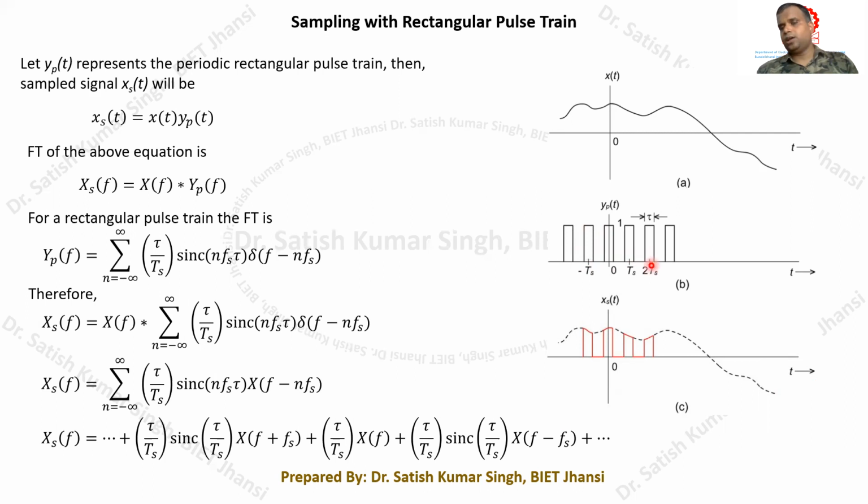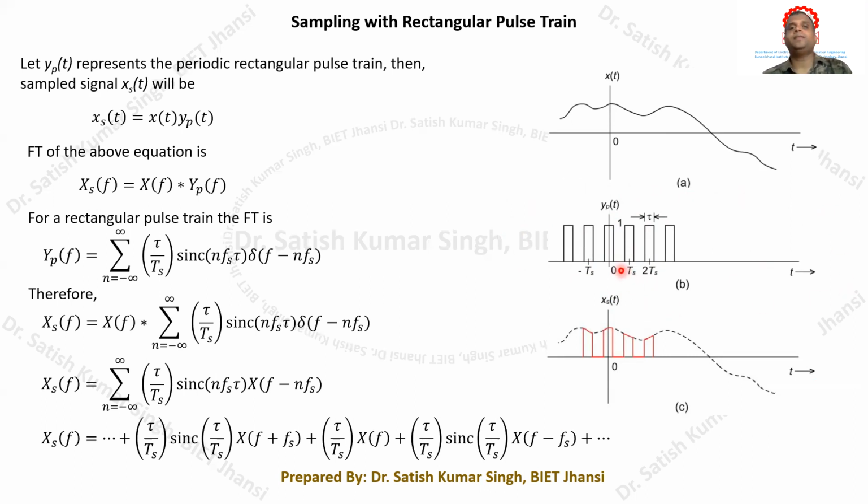Let us say the width of this pulse is equal to tau, and this pulse is generated every Ts seconds. So the sampling time again is Ts, and the width of this pulse is equal to tau. This is the more practical version. In practical cases we can generate this type of pulses only, we cannot generate an ideal impulse train.